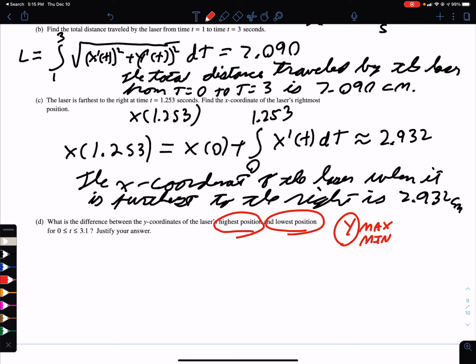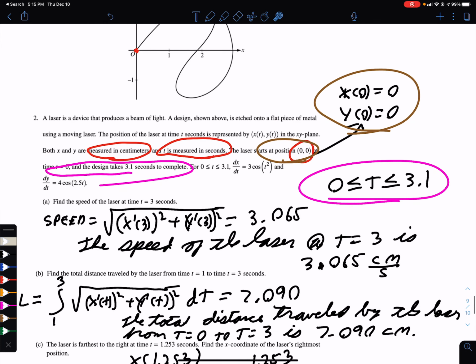That's what it's really asking for. So how do we do that? Well, where do max and mins occur? You should know max and mins occur at critical points and endpoints. So we need dy/dt, which is the derivative of y, and set that equal to 0 and make it undefined. Where is that?